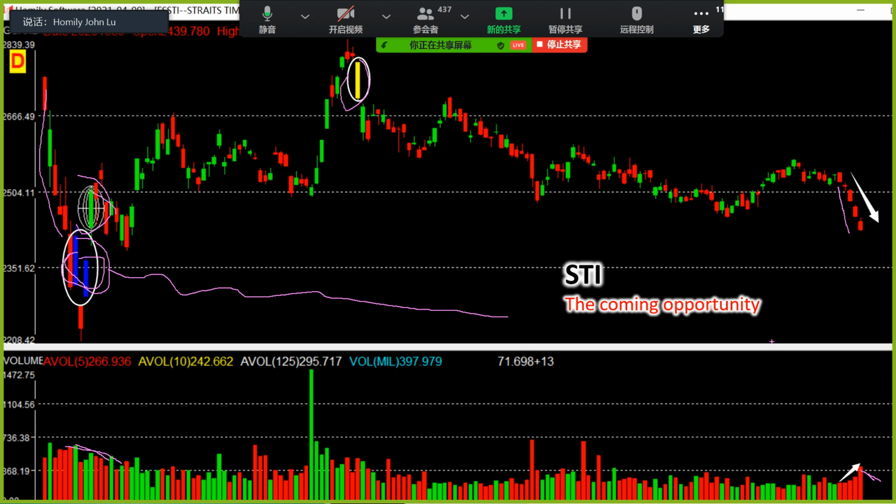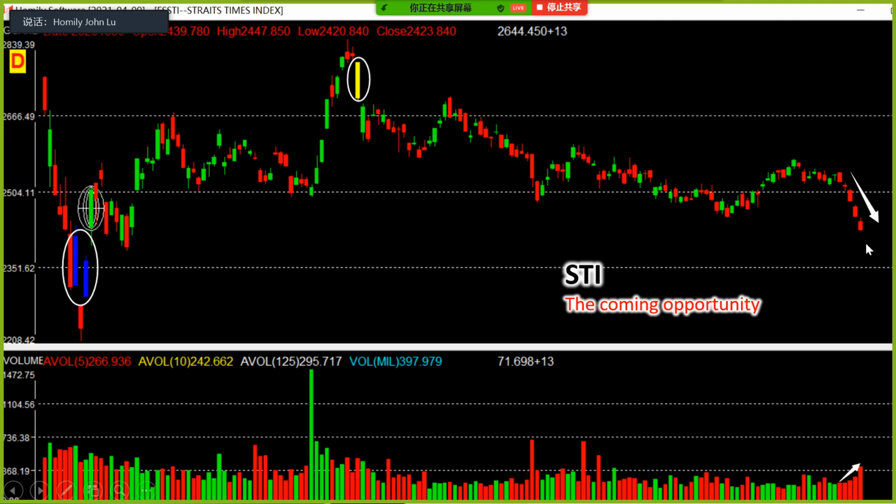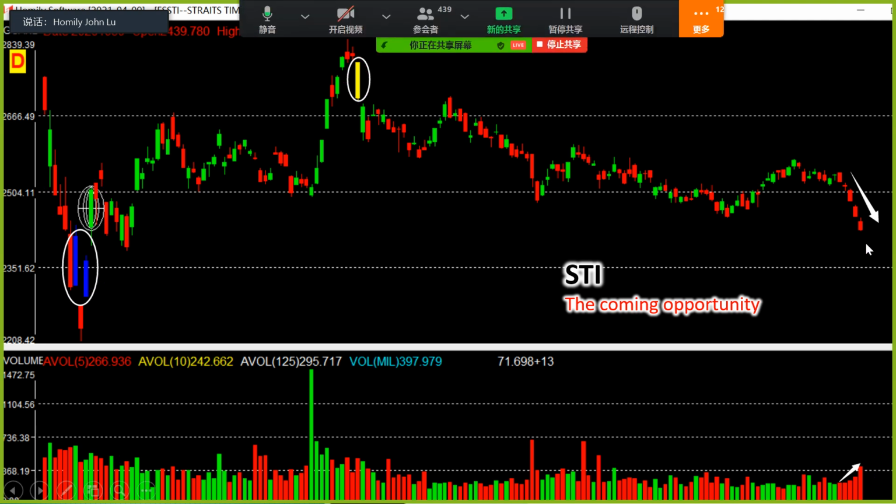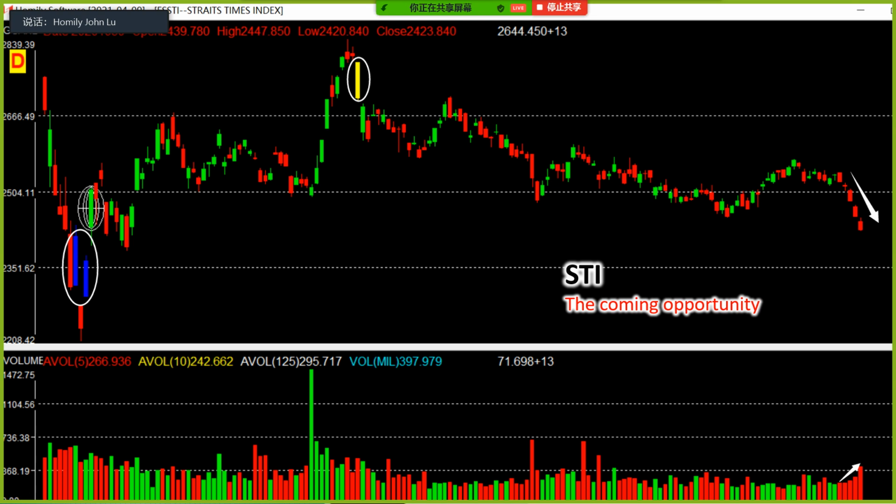So for Homely members, I repeat again, I think this time is a very good opportunity if you want to get good profit in late 2020 and early 2021. This is the best opportunity. If you miss the chance, you will wait another 3 months or half a year, depending on the market performance.